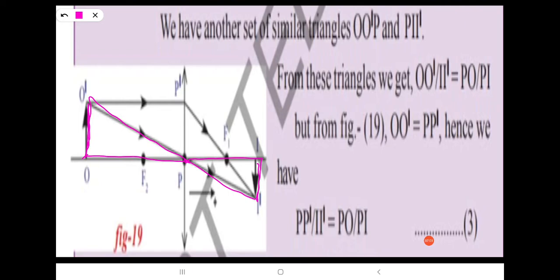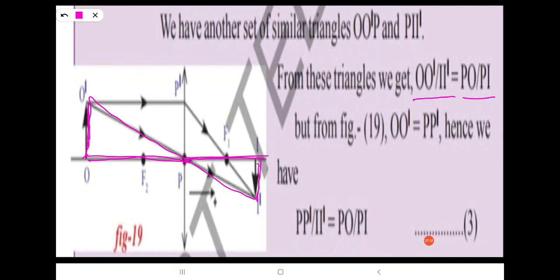These two lines are similar, so these two distances are similar. And we can write the distance PO equals the distance PI. So from this we can write O dash by I dash equals PO by PI.